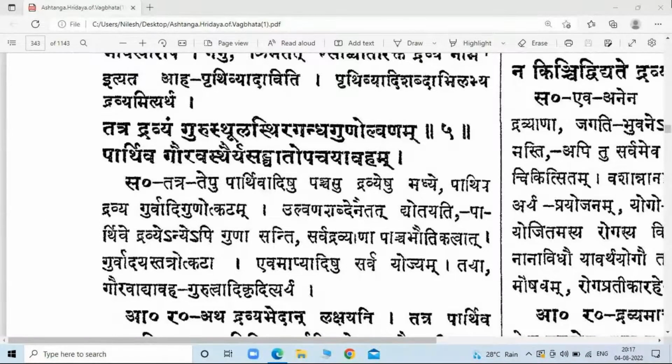Similarly, we can find many situations where the explanations spin around gunas, whether it is samanya vishesham, whatever it is. But unfortunately, we don't have an exclusive chapter on guna. So we have to spend some time, maybe 1 or 2 sessions, sometimes less than that.